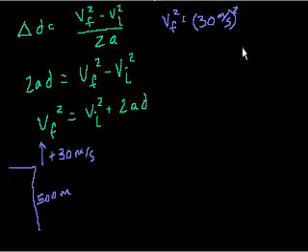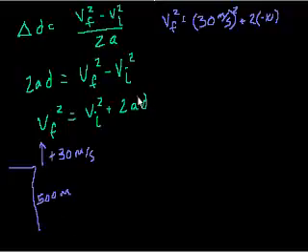squared plus 2AD. So A is the acceleration of gravity, which is minus 10 because it's going down, right? So it's 2 times minus 10. I'm going to give up the units for a second just so I don't run out of space. 2 times minus 10, and then what's the height? What's the change in distance?